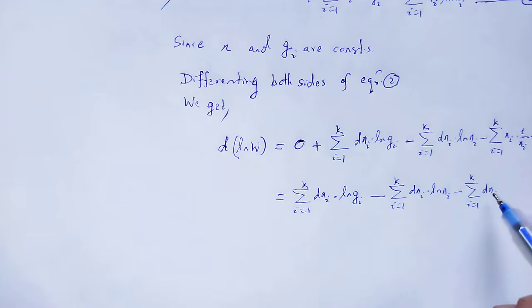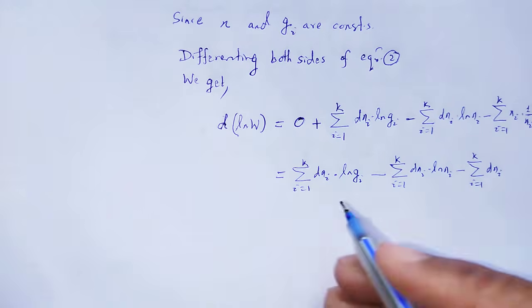Summation over i from 1 to k dNi: how can the number of ith particles be changed? It is a constant term, so it results as 0.